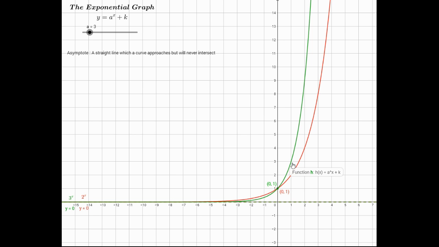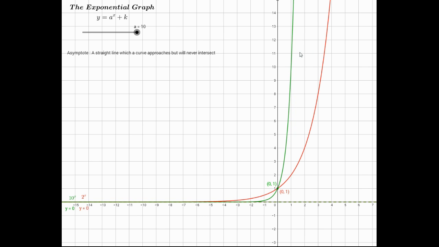And I'm pretty sure you expect if I move this up to 4, take a look. 4 to the power of 1 is 4. But also, since the base is now 4, the steepness of the exponential curve is much more prominent. If I make a, the base, even higher, it gets steeper and steeper and steeper.